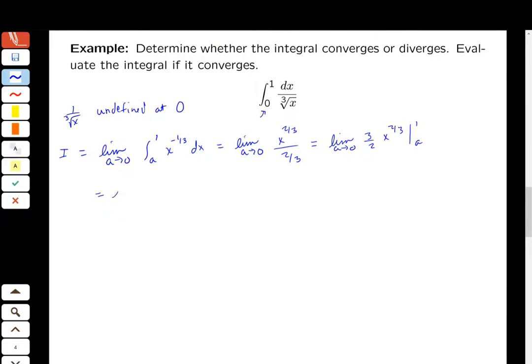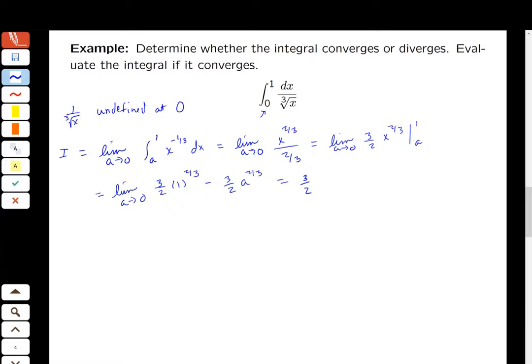So passing your limit, you're going to have 3/2 times 1 to the 2/3, minus 3/2 times a to the 2/3. 1 to the 2/3 is what? 1, times 3/2, 3/2.